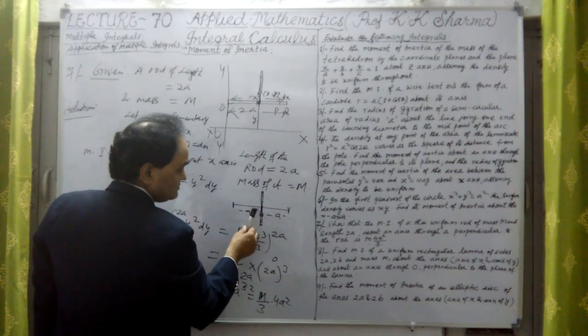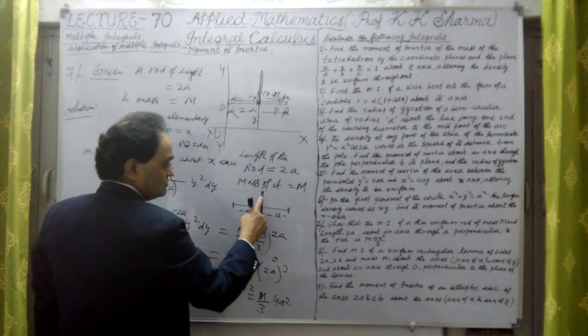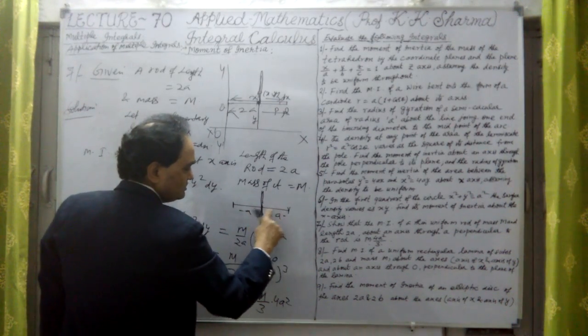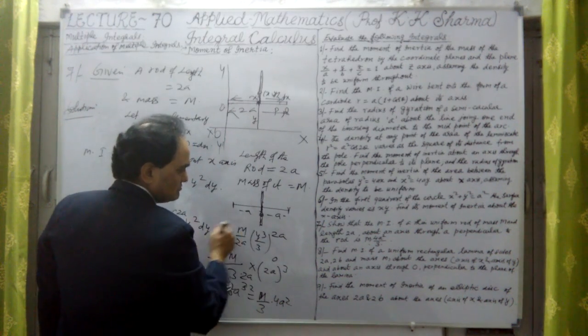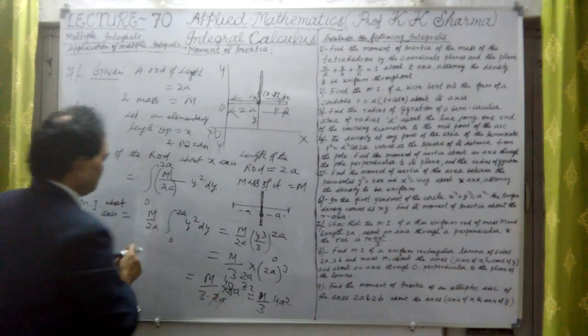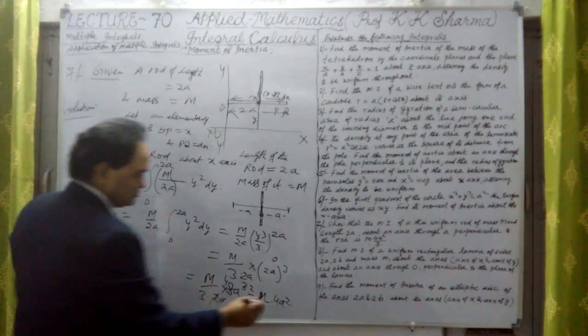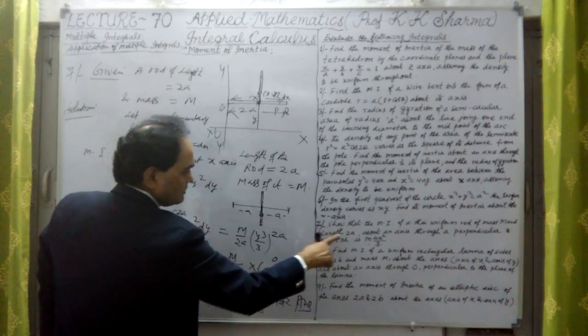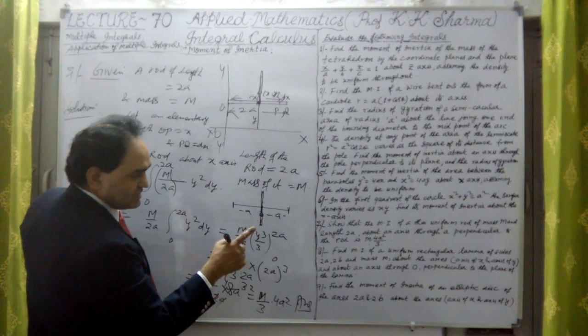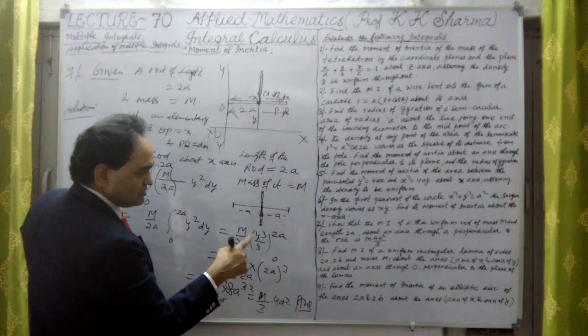The limits, if I have to find about the y-axis, this is the length here. This length will vary from minus a to plus a. So let me find it out. This is about the y-axis, the answer here. We have to prove it about an axis through the middle, perpendicular to the rod.